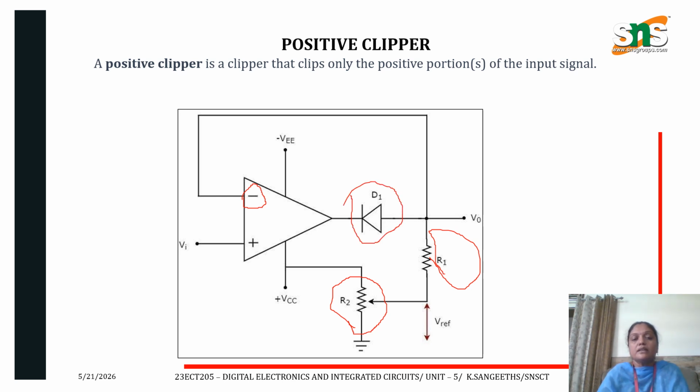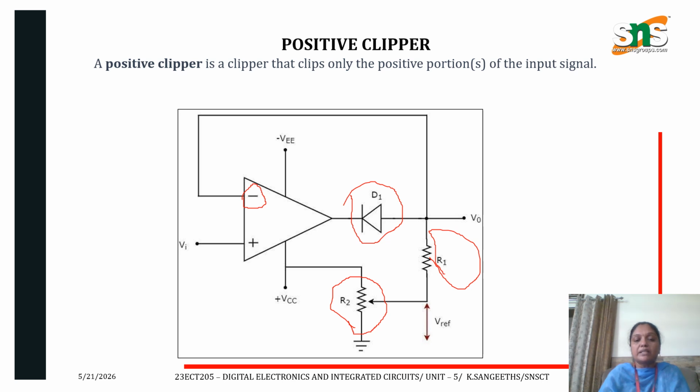So this is the circuit of the clipper. For the positive clipper, this side is the cathode and this side is the anode. The output is directly connected to the cathode side for the positive clipper.